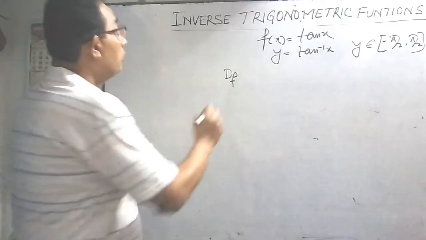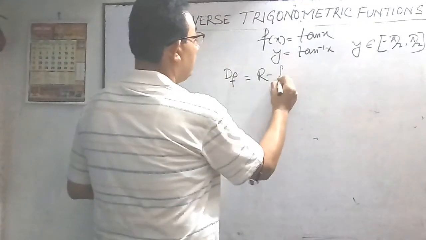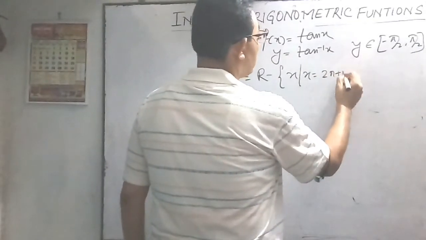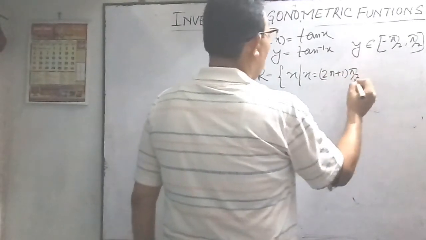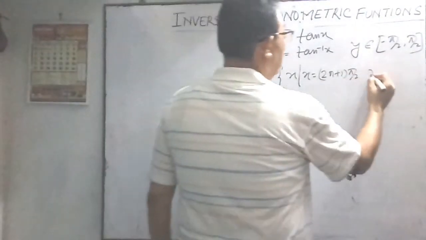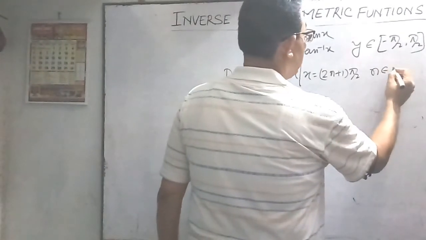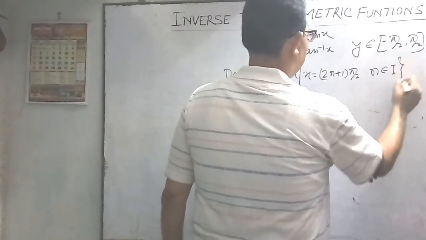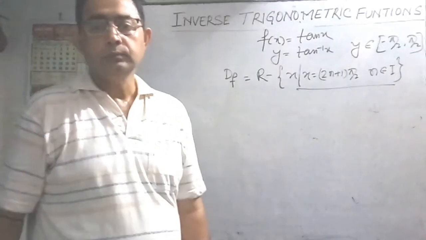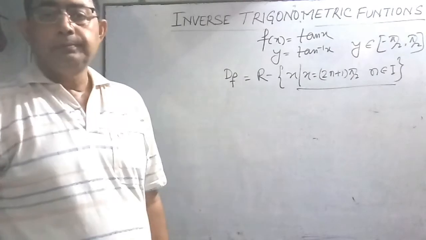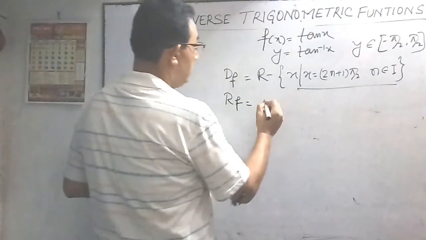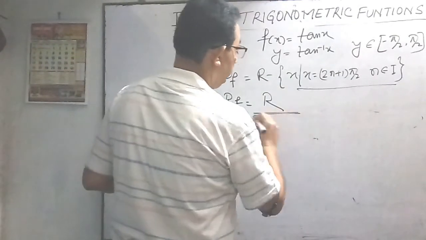Domain of f is R minus the set of x such that x equal to (2n plus 1) pi by 2, odd multiple of pi by 2, n belongs to integer. Clear? Range is what? Range is real numbers.